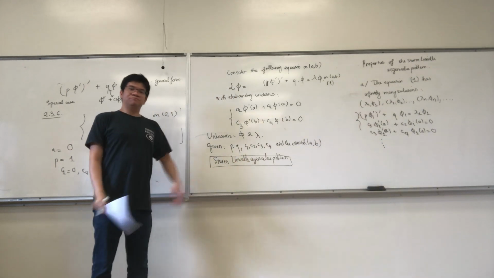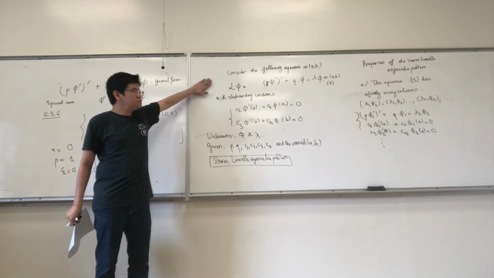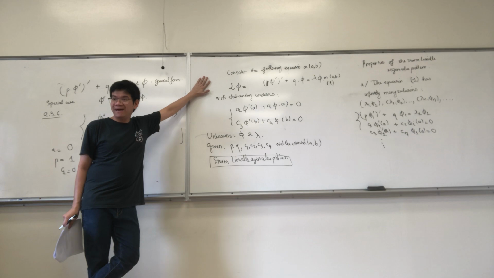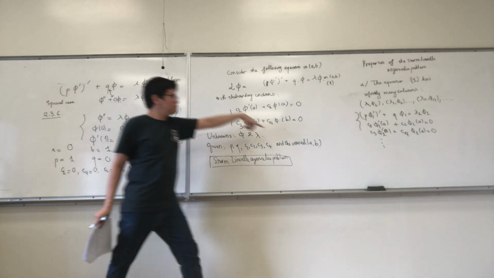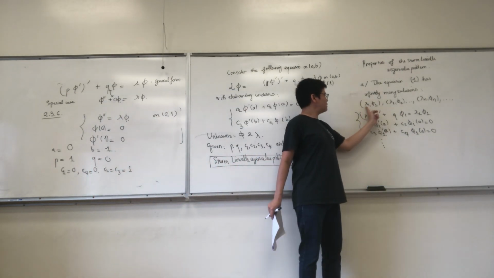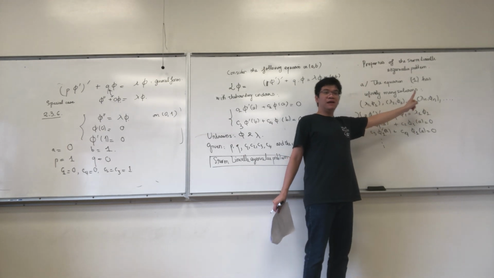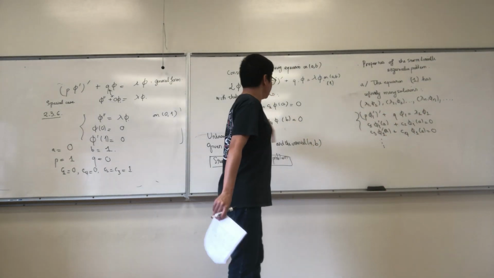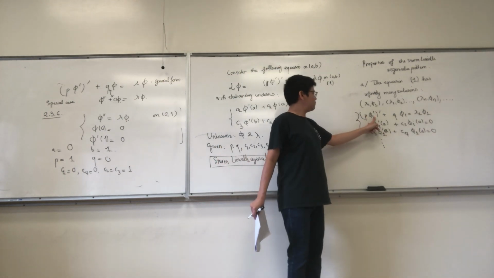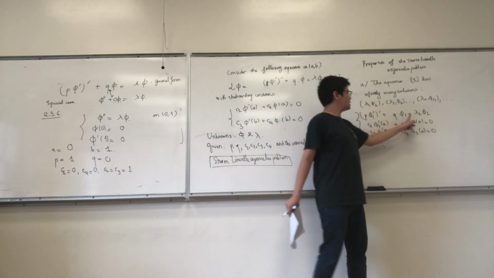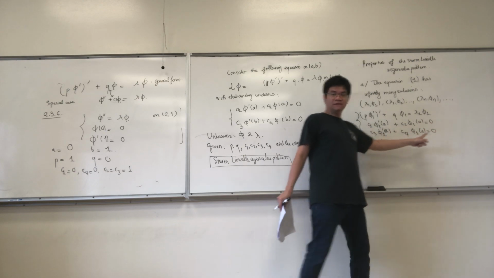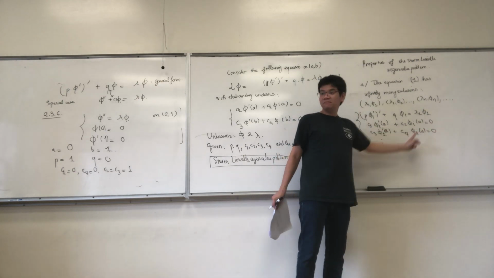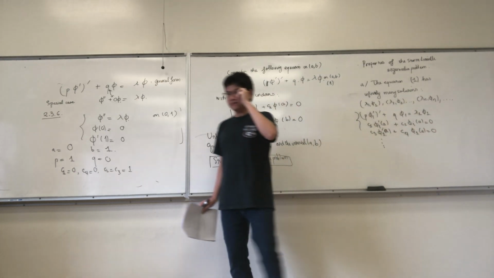So property number 1: this problem has infinitely many solutions. You have lambda 1 phi 1, lambda 2 phi 2, lambda n phi n. All of them satisfy this equation, in the sense that you have p phi 1 prime prime plus q phi 1 is lambda 1 phi 1, and then you have the same boundary condition. That's clear?